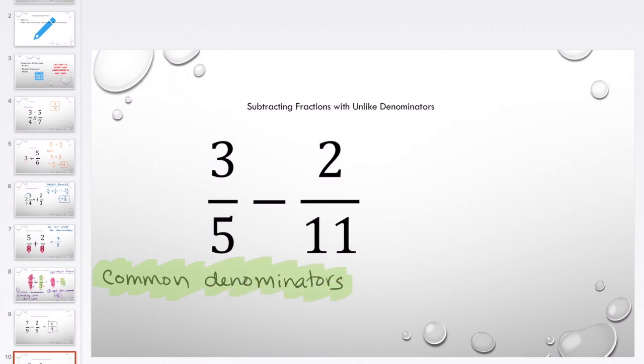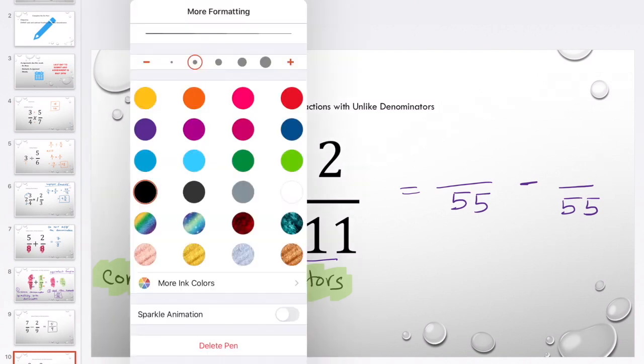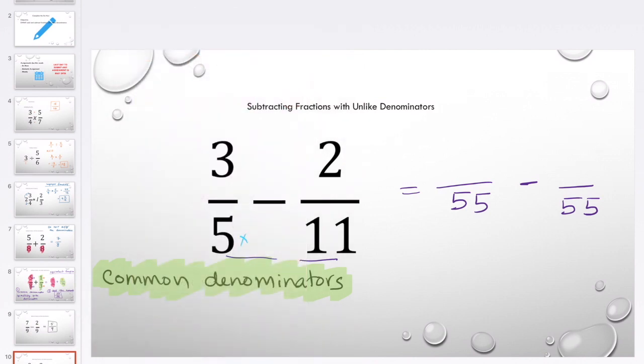What is my easiest way to find a common denominator? You multiply these two. So I have 55 and 55, two fractions. Subtract. So do the same thing as before. I multiply this by 11, multiply this by 11. It helps to write this down so you know what you're multiplying with. 55, 33, multiply this by 5, multiply this by 5.